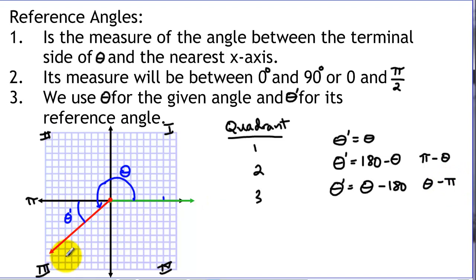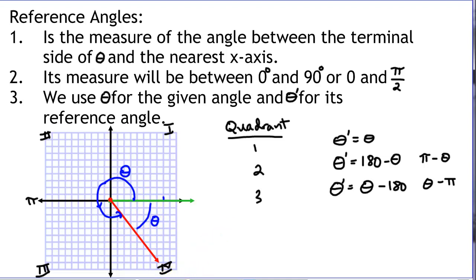And finally, let's finish up in quadrant 4. So let's rotate it around here. Now our theta is here, and our theta prime now is this angle.